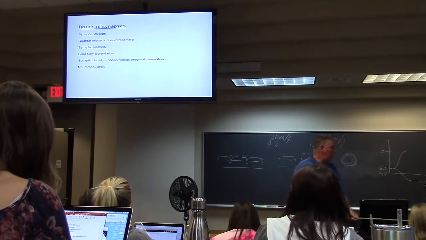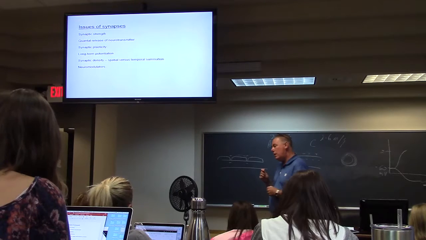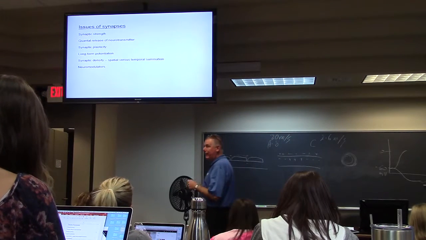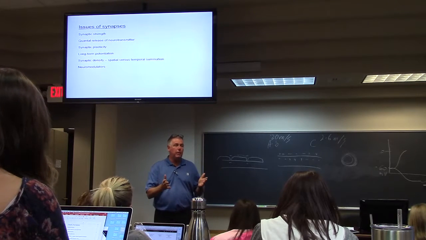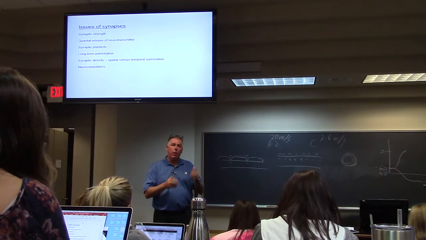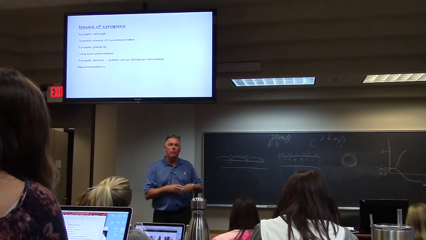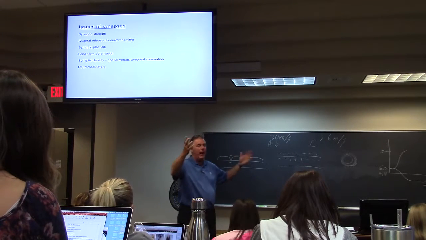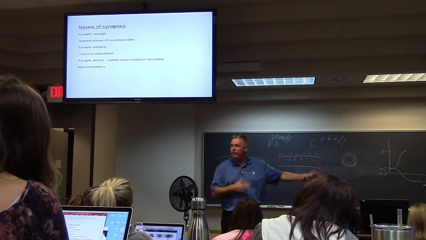Neuromodulators. Neuromodulators are in synaptic vesicles at the end of the terminal, but they don't actually cause an action potential of the downstream neuron or the muscles, the axon, or the environment, whatever the downstream thing. They don't cause it to fire.